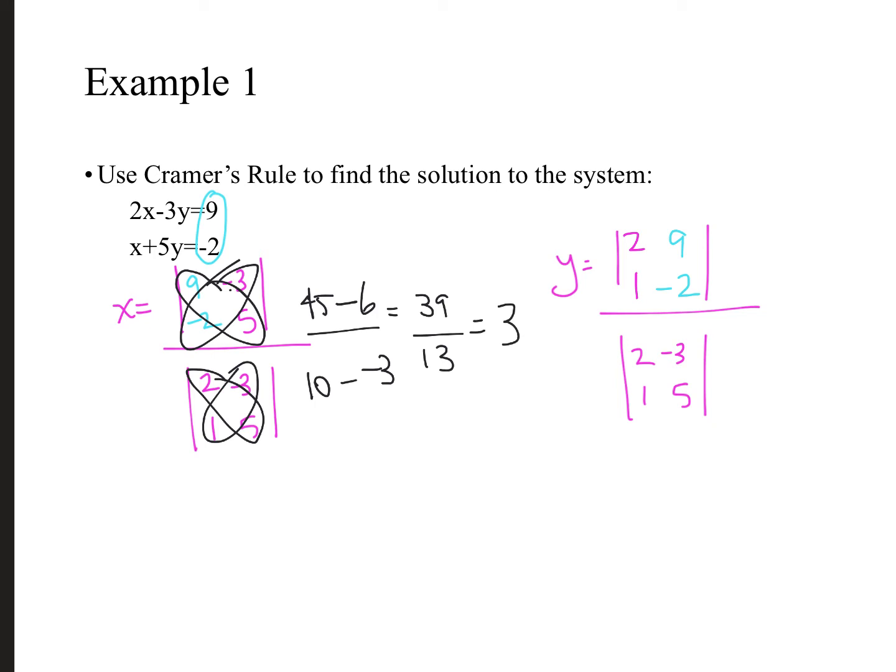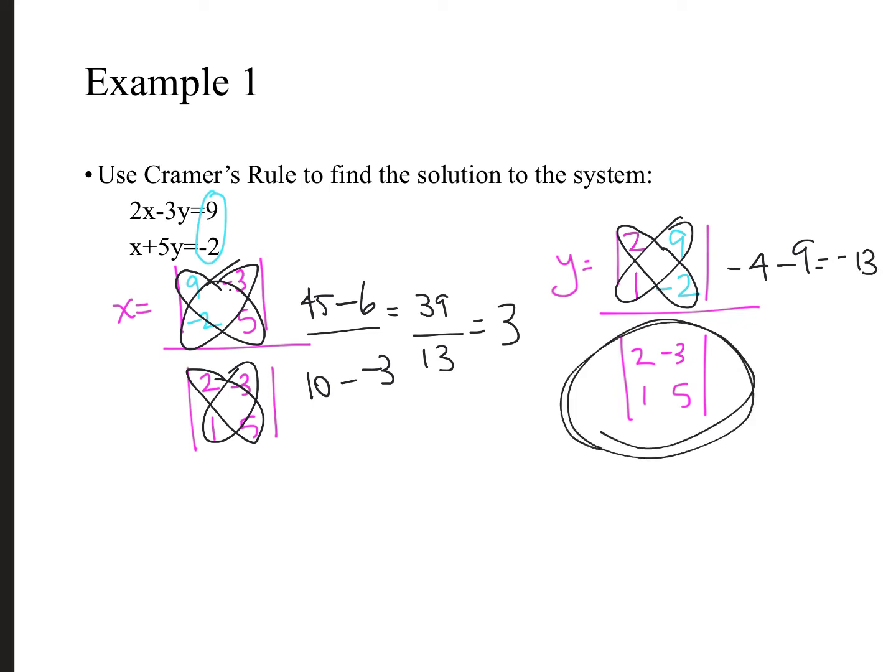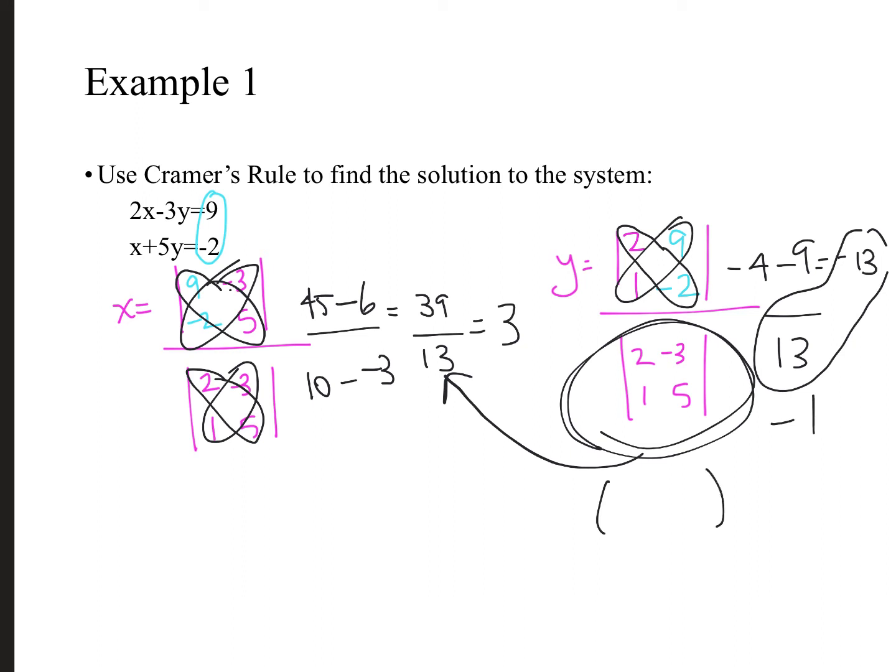For the y, again, down minus up, this is -13. And this one we already did. We just did that right there. I'm not going to do that calculation again. I already know what it is. So the y value is -13 over 13, or -1. And as before, you're going to want your answer to be an ordered pair. So 3, -1.